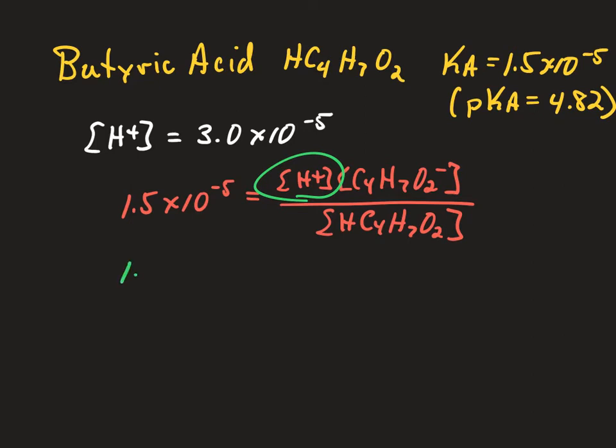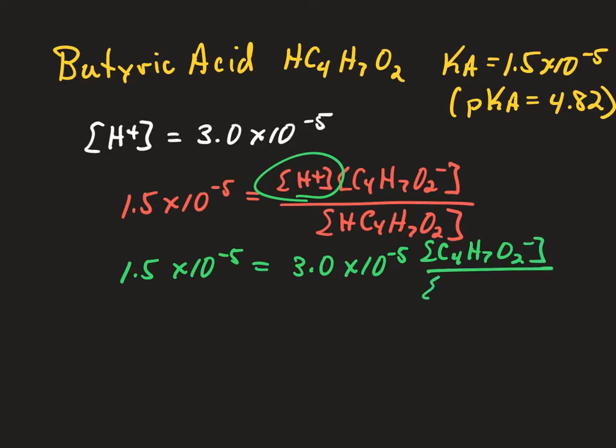So we get 1.5 times 10 to the minus 5 is equal to 3.0 times 10 to the minus 5 times the concentration of the butyrate ion divided by the concentration of undissociated butyric acid.